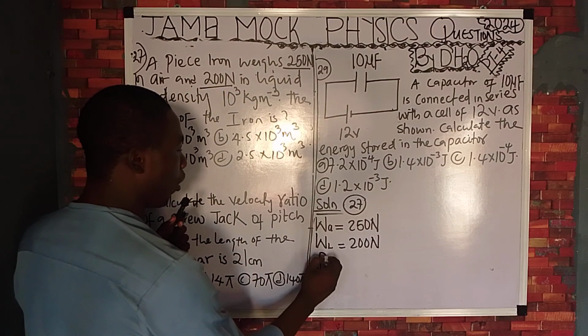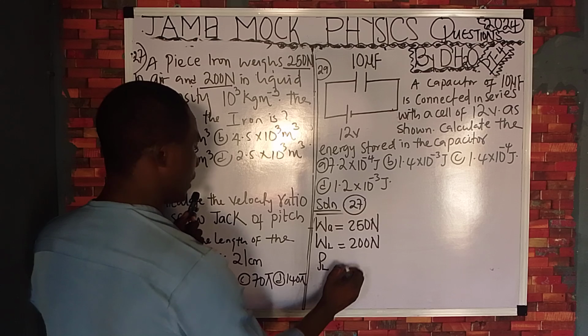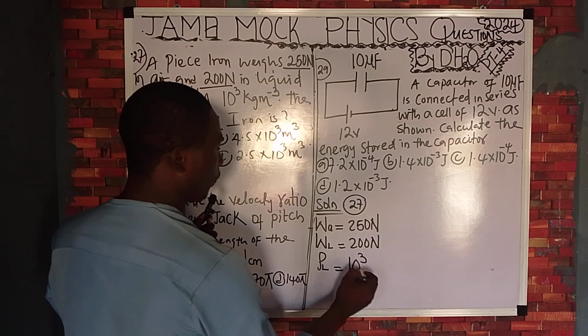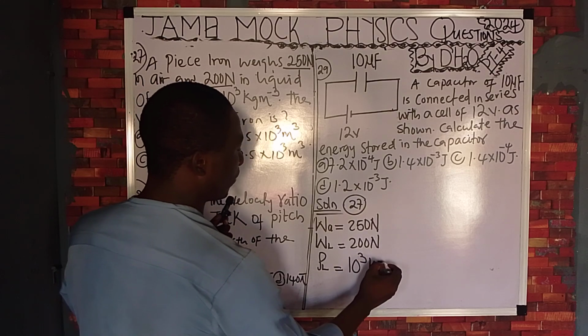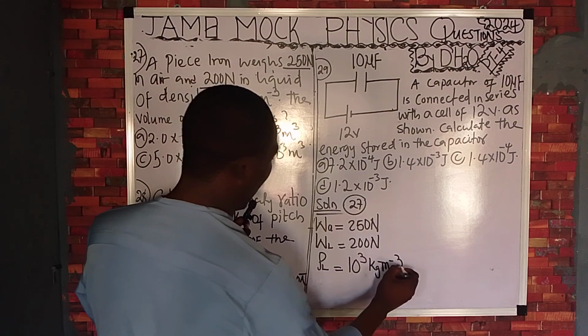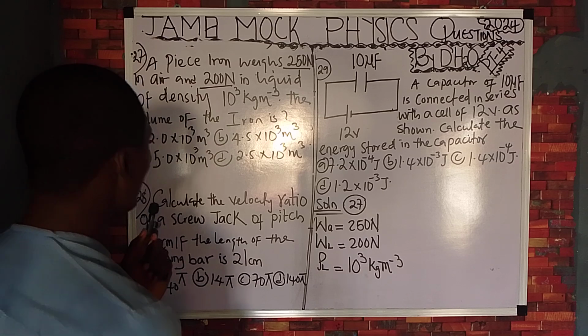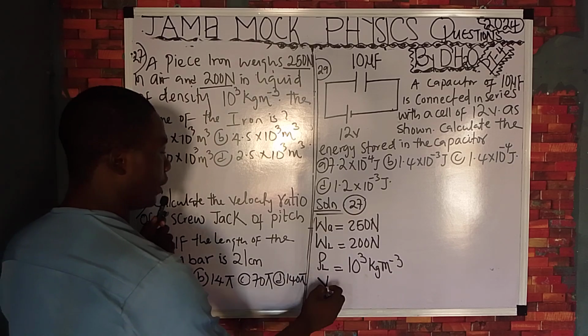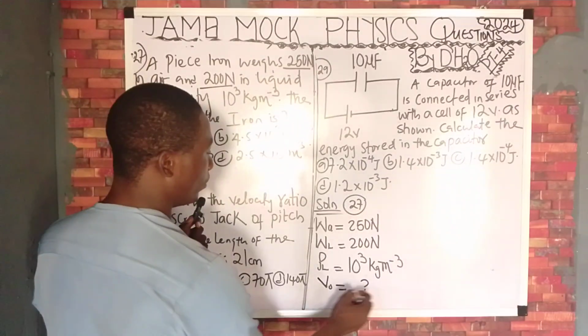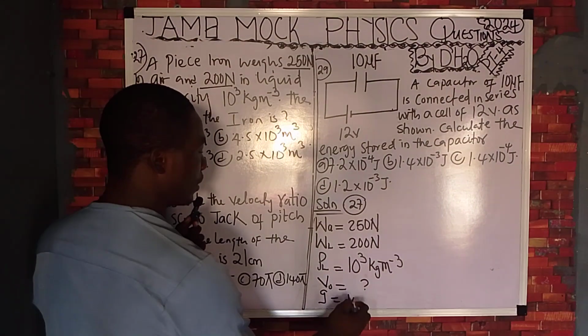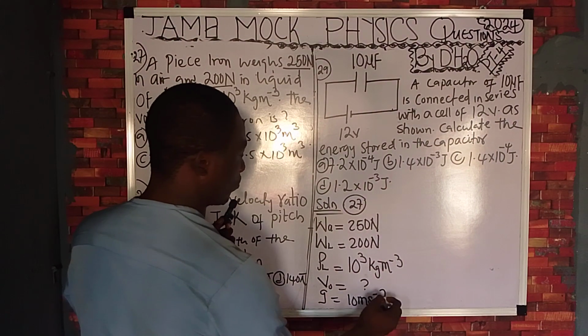The density of the liquid is 10 raised to the power of 3 kilogram per meter cube. Are we together? Okay. Then what is the volume of the object? Remember, your gravity is always 10 meters per second squared.